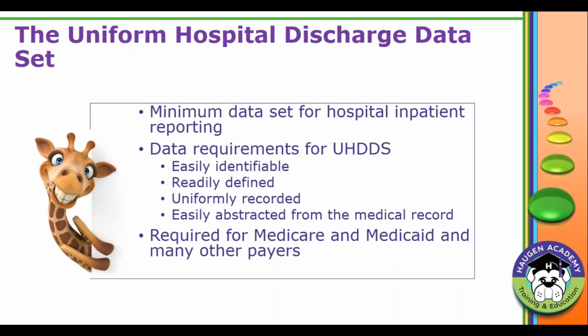So we are going to start with all the boring specifics and taking this all the way back to the Uniform Hospital Discharge Data Set, or UHDDS. It is the UHDDS that sets up or defines what it is that we need to report and defines what a significant procedure is and a principal procedure and all of that good stuff.